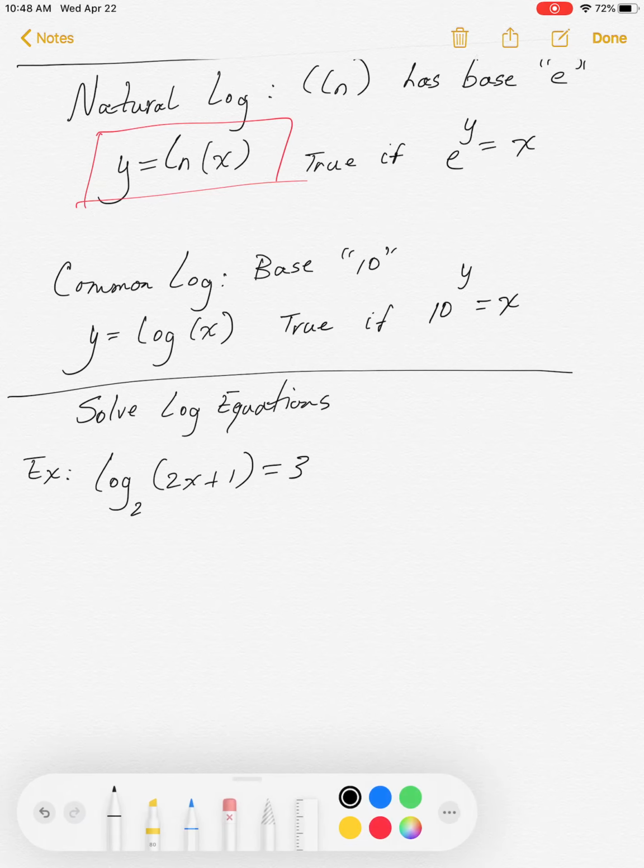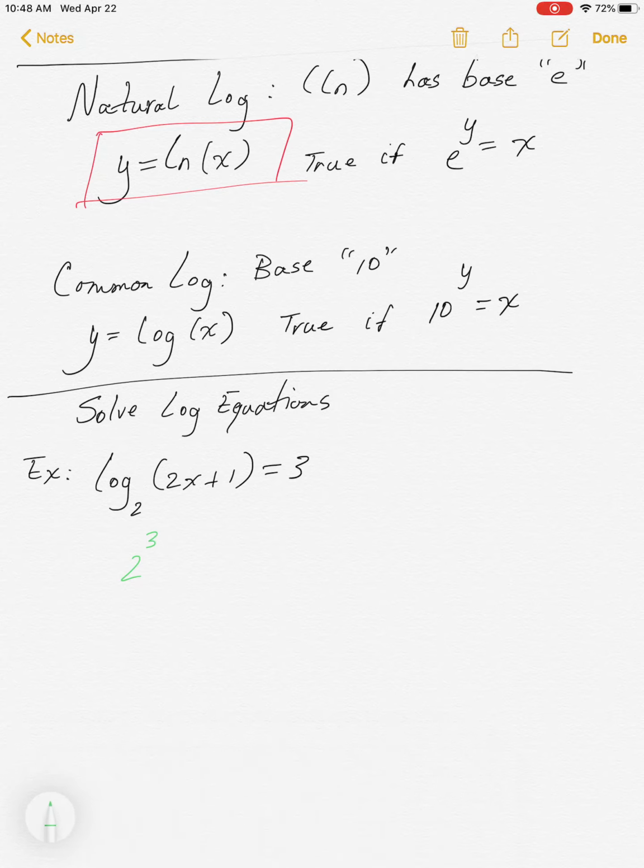We're going to convert. What's your base? Your base is 2. What's your exponent? 3. It equals the expression. So we have 8 equal to 2x plus 1, and that gives us a final answer of 7 over 2 is equal to x.